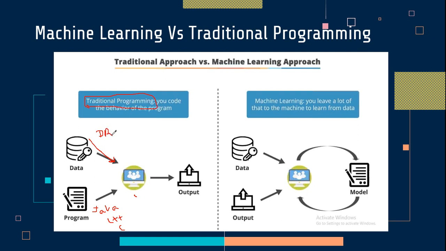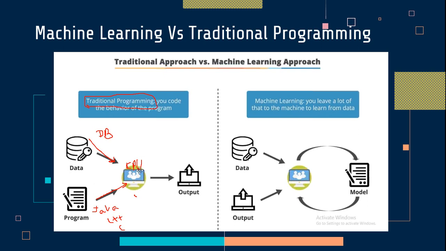This is a database where all the data is stored, and this is a program. You can write the program in Java or C++. You have to provide this information to the computer, which has a central processing unit, CPU.